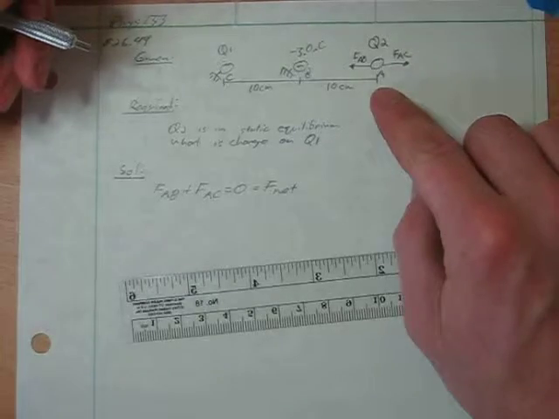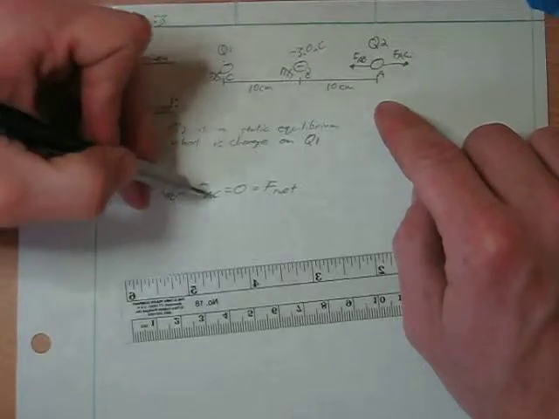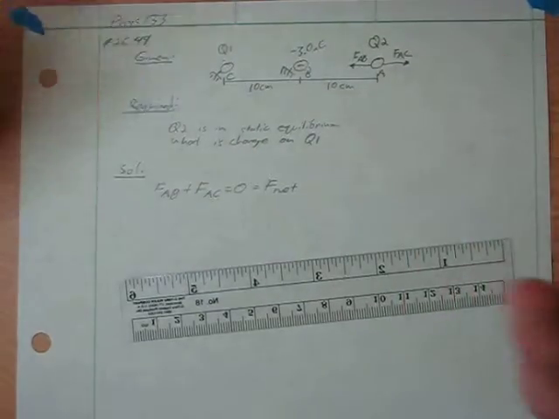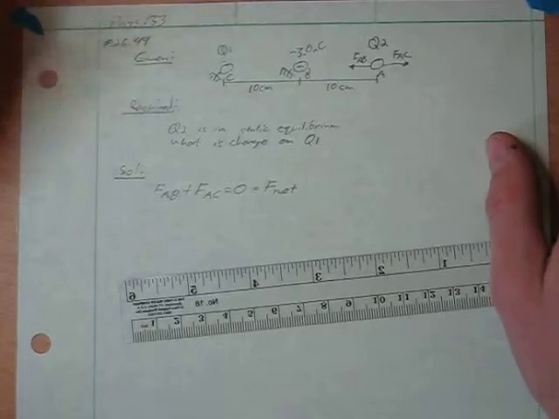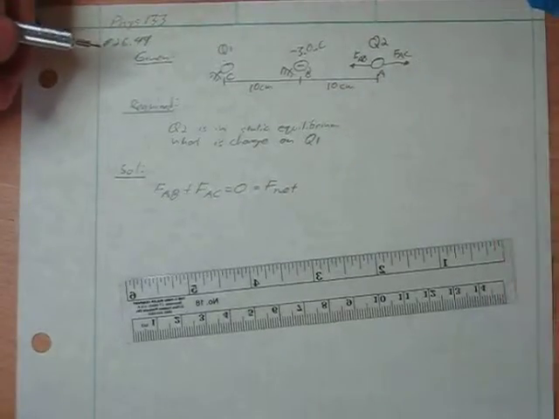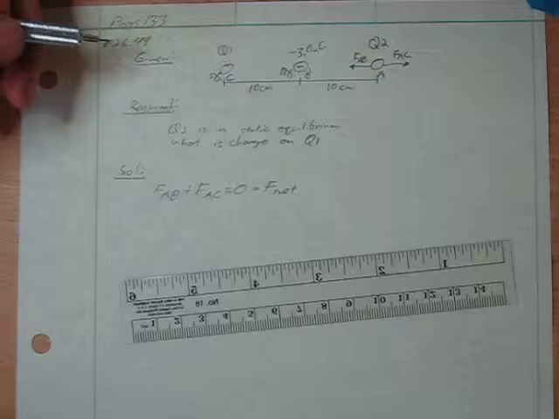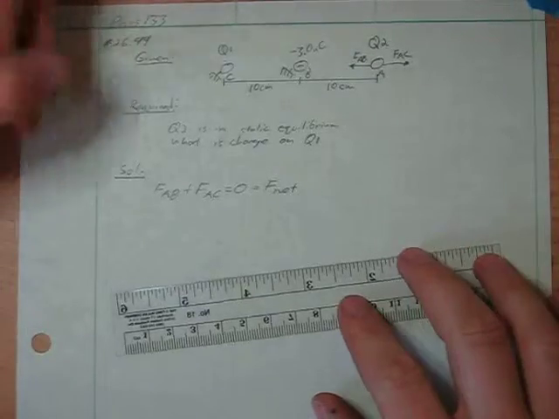Alright, so let's start coming up with some formulas for what FAB and FAC are. I'm not going to use r hat for this. This is all one-dimensional, so we can just stick with magnitudes and there won't be any trigonometry.